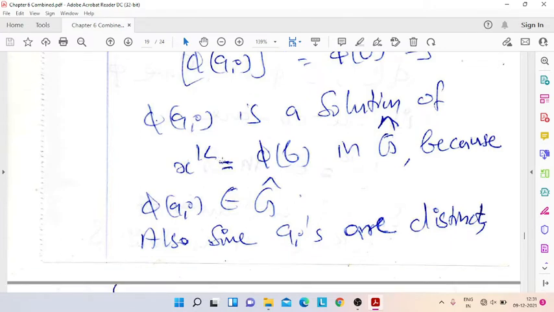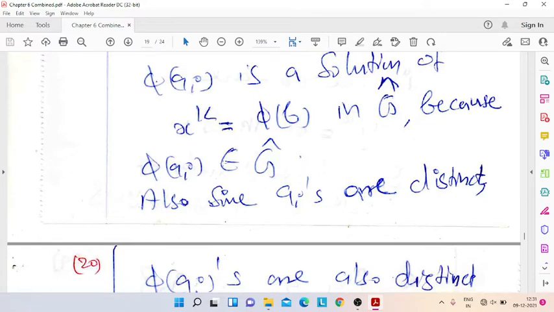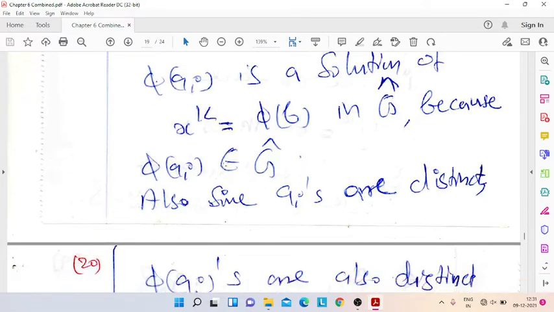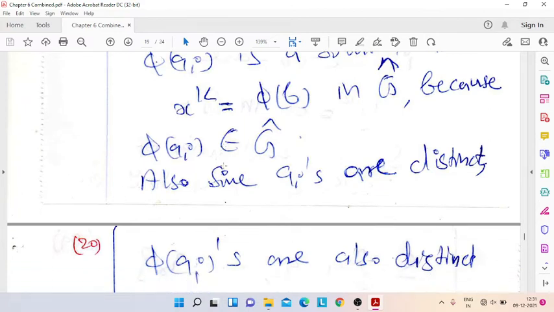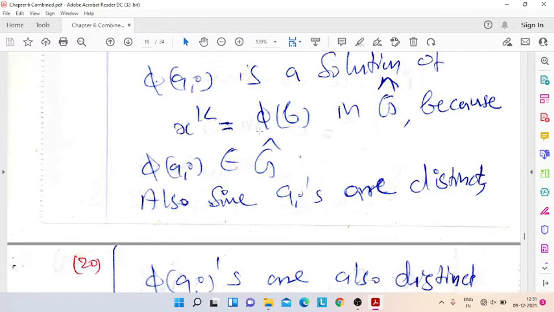Then we can also prove the converse part. Conversely, we can prove that whenever c_i is a solution of the second equation, x^k = φ(b), there will be a corresponding member in the first set.